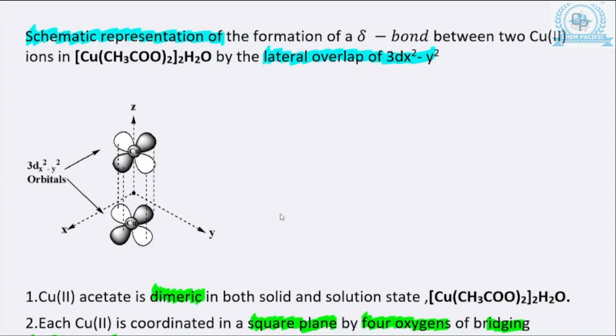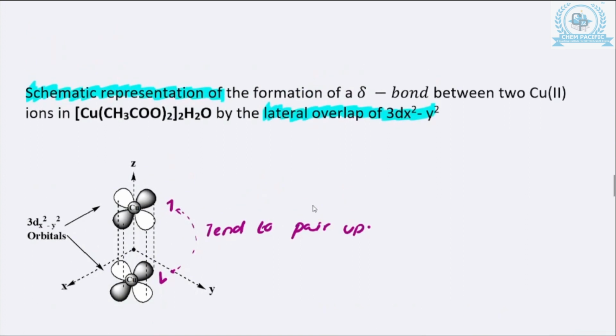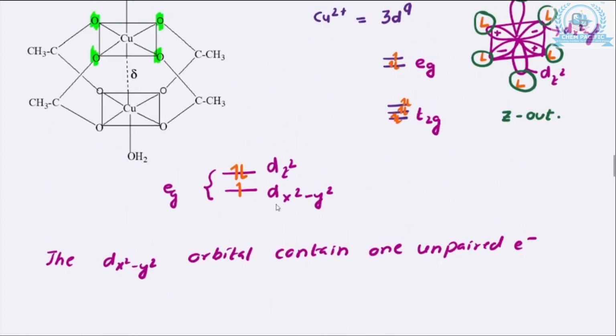See, so that is why when this copper results in the dimeric structure, the 2 electrons in the dx² minus y² tend to pair up. Clear? So, as a result of which, it results in the formation of a new type of bond, which is the delta bond. I hope this is clear to all of you.